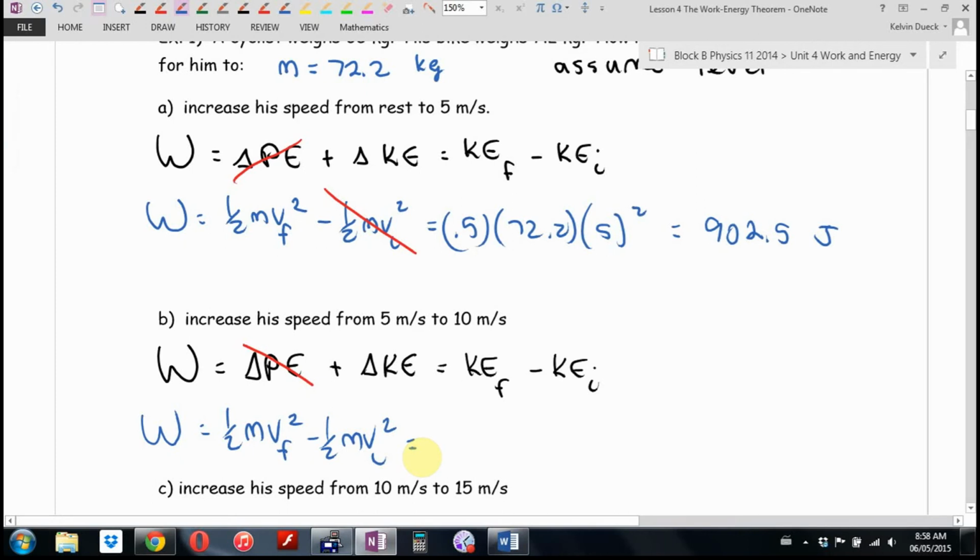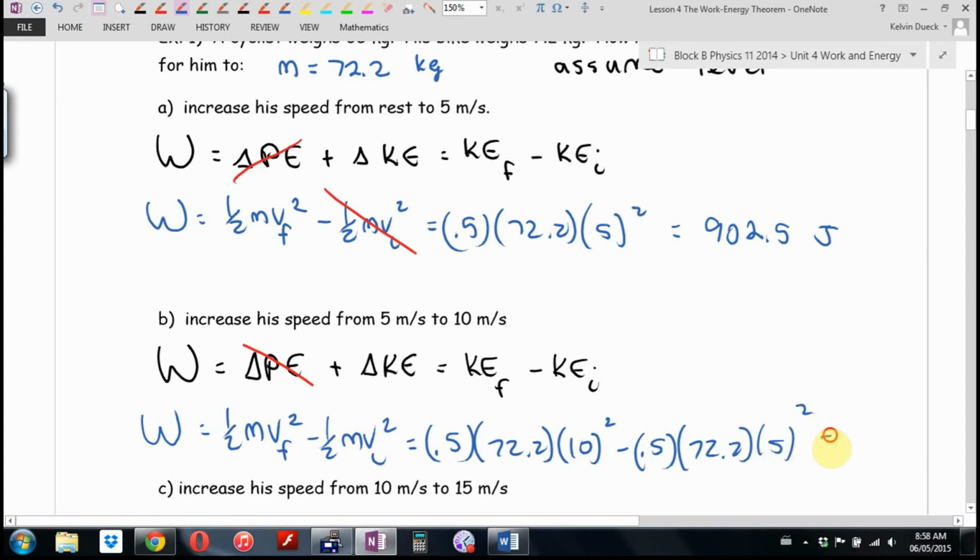It's going to be a half, 0.5, 72.2, 10 squared minus 0.5, 72.25 squared. Now, this is kind of weird because you're still only increasing by 5 meters per second. But how much work does it take now?